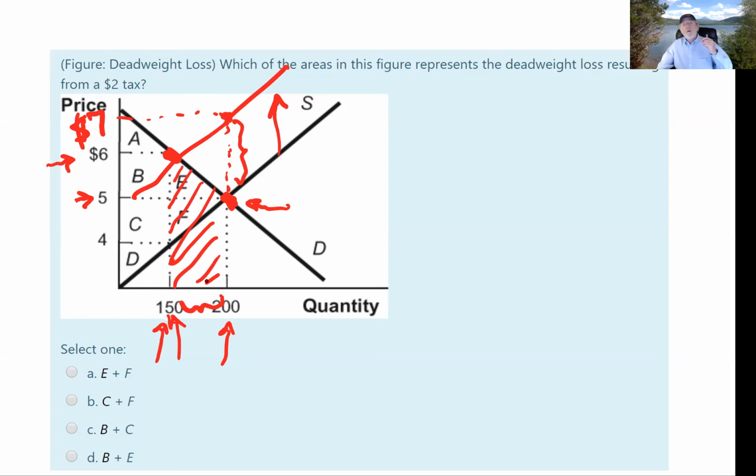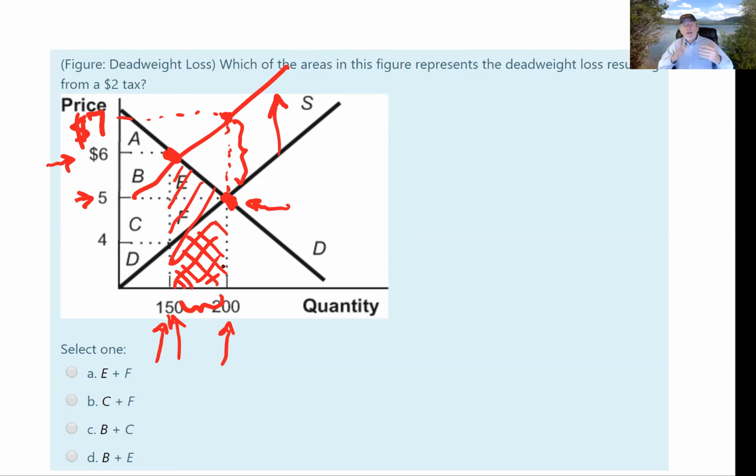Okay, what was the cost of producing those last 50 units? Well, we said the cost is always represented by the area under the supply curve. Okay, so this big area is what those last 50 units were worth to consumers. The smaller area, red area, is what it costs the producers to produce those last units.